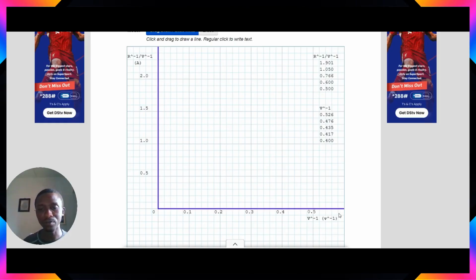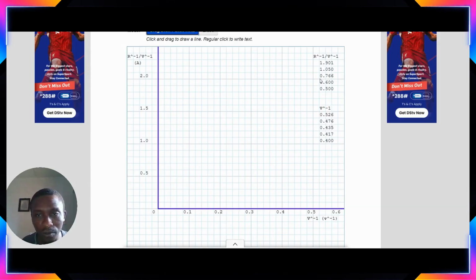And finally we have 0.6. And I've labeled my axis. This is the horizontal axis V inverse, and ratio of R inverse to V inverse, that's the vertical axis. I've labeled my axis. Now plotting a point without wasting time. So I'm just going to plot the points quickly.